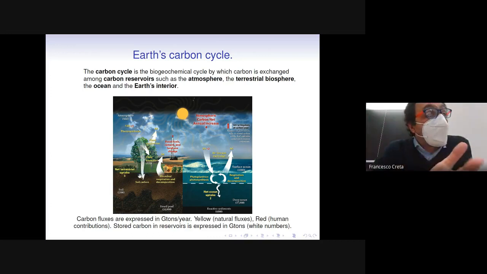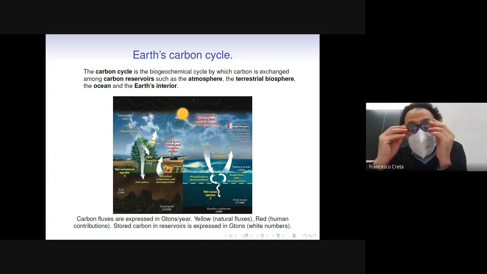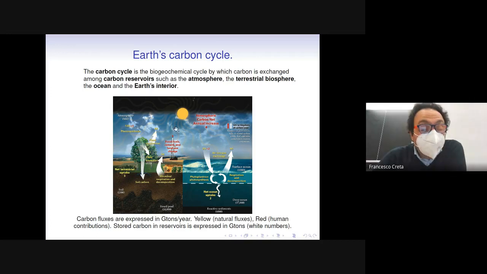Now, there is a natural sort of equilibrium dynamic, okay, with all these fluxes that have settled, that have, okay, been established during millions of years. Now, what we've been doing clearly is displacing this equilibrium by introducing new fluxes.